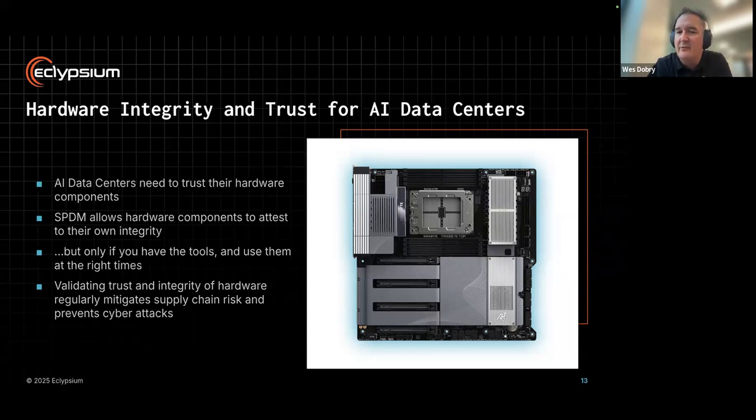SPDM is just a slightly different way to do it, and it doesn't have a specific hardware enclave that stores those measurements within them. But what this allows organizations to do is regularly collect that attestation information to validate if the device has changed, if there's anything on it that's different than what's expected, and to set that baseline.